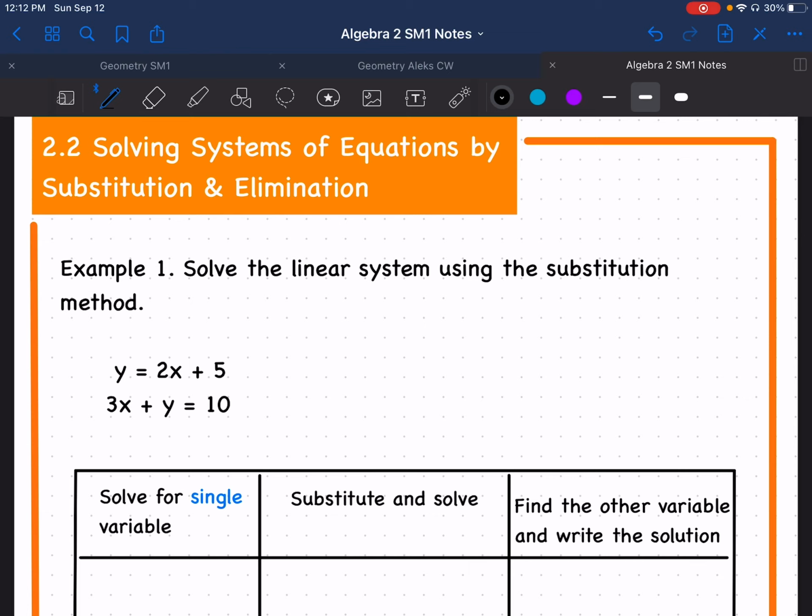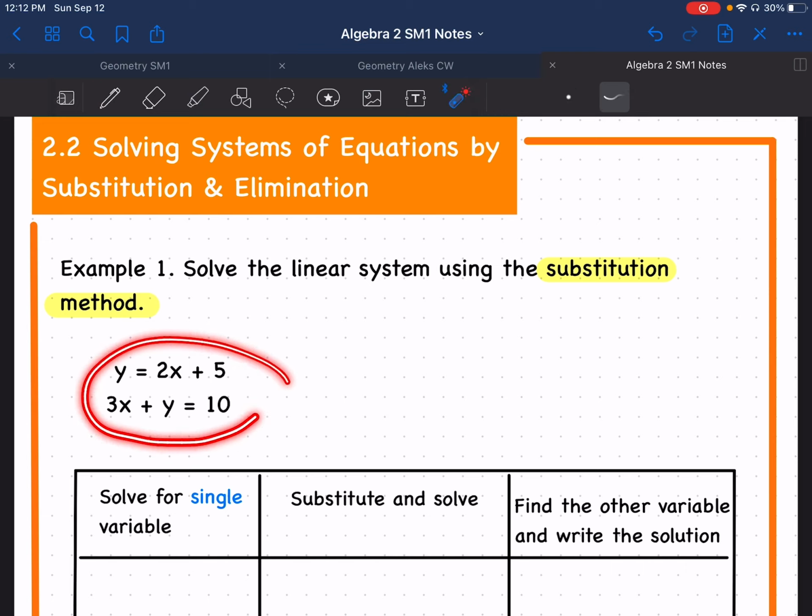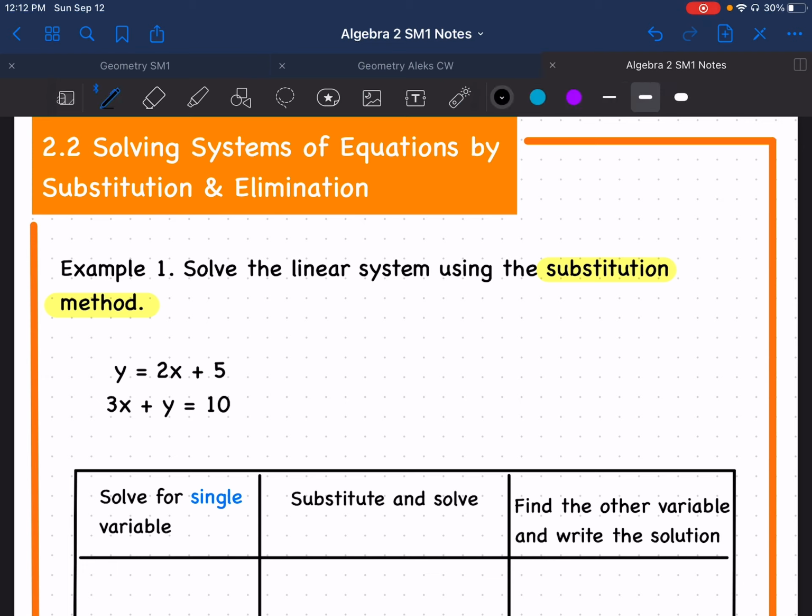Now, to solve a system of linear equations by using the substitution method, this is actually the best way for our two equations to look. So remember, we always want to label them as equation 1 and equation 2 so that we know what we're talking about.